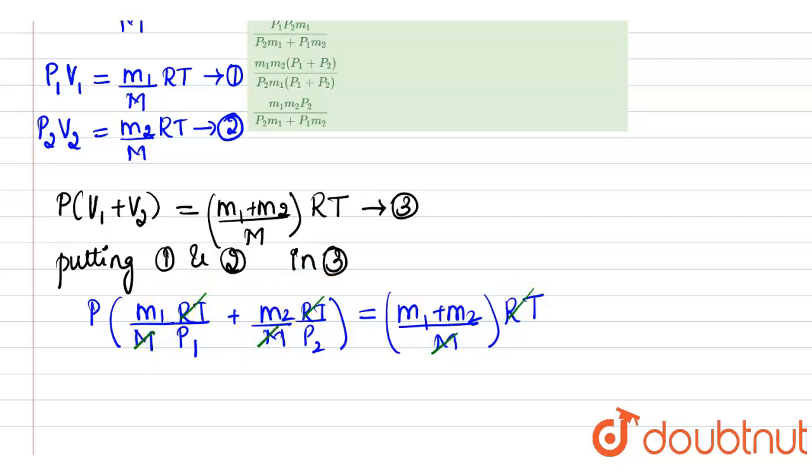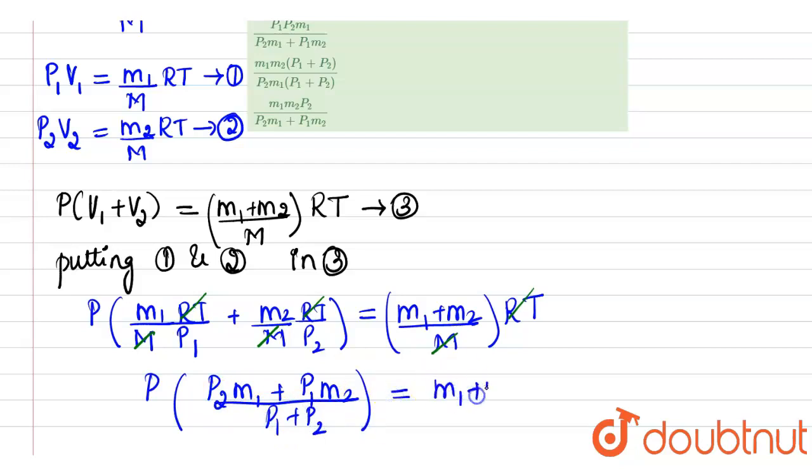Further simplifying, P1 and P2 are two different terms. Taking the LCM, this is going to be P times (P2 M1 plus P1 M2) divided by P1 P2 is equal to M1 plus M2.